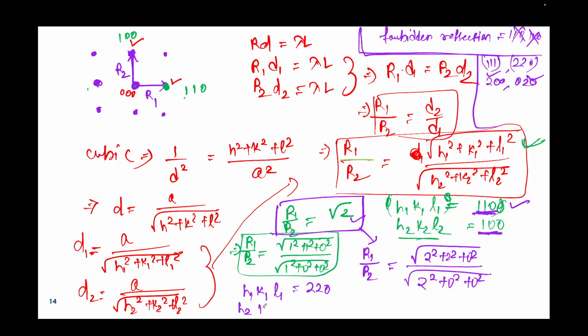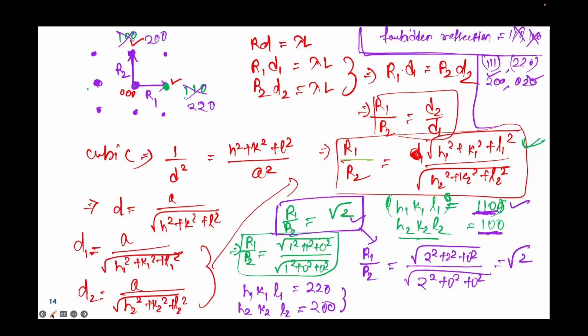I am getting H2, K2, L2 as 200. Right? Is it still possible? All are even, and I will still get the ratio of root 2. That means my first point, which I was considering as 110, has now become 220, and this point which I was considering 100 is actually 200.